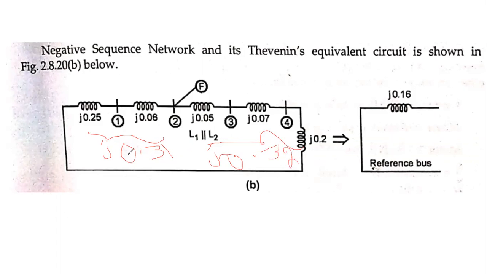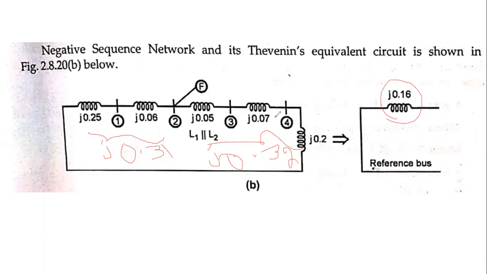Therefore these two are connected in parallel, that is J0.31 into J0.32 by J0.31 plus 0.32. Then we obtain the reactance value J0.16. This is the equivalent Thevenin's network for the negative sequence.